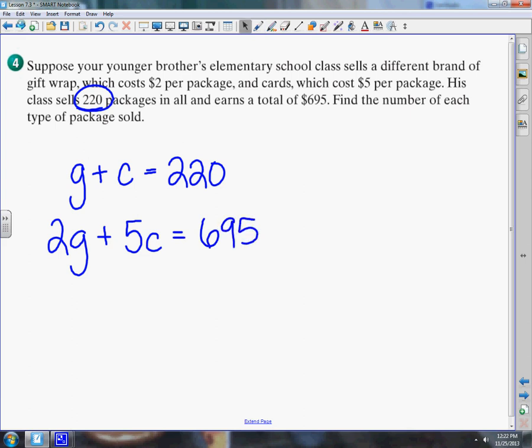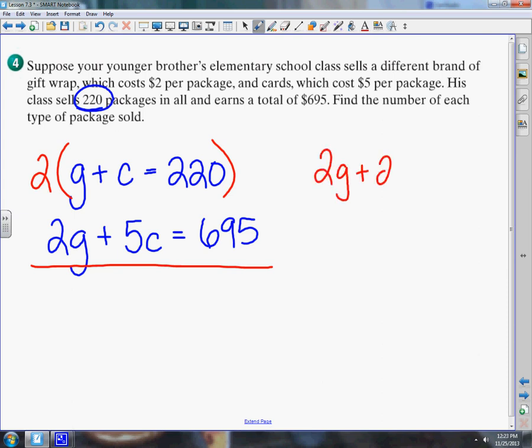$695. Now I have to try and solve this. Well, my G and my C are not the same in either one. So what I'm going to do is multiply this whole top one by 2. So then I get 2G plus 2C equals 440. And then I have 2G plus 5C equals 695.